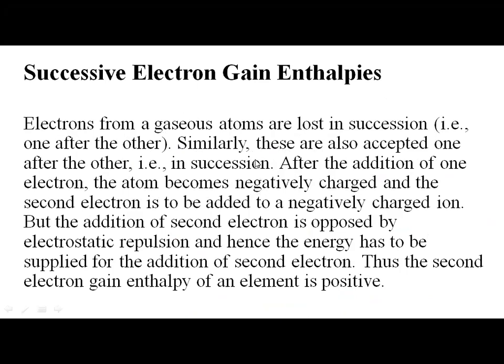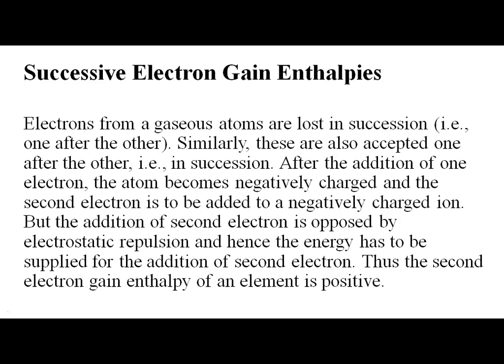So the first electron gain enthalpy may be negative or positive. When it is negative, the electron is gained very easily. When it is positive, we have to put in certain energy to make the atom gain the electron. But the second electron is to be added to a negatively charged ion, and its addition is opposed by the electrostatic repulsion of the electrons which are already present.